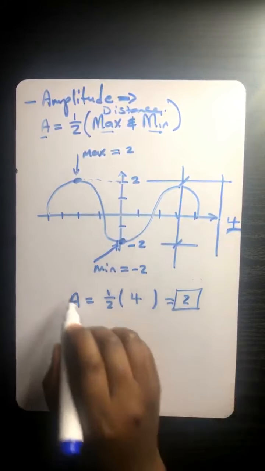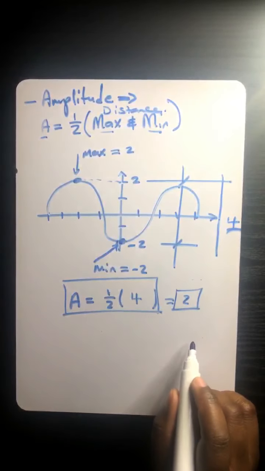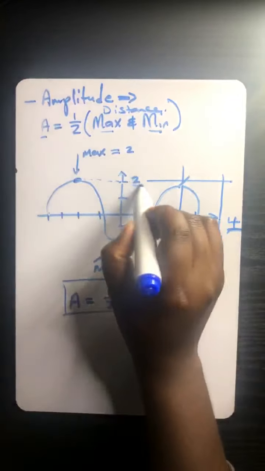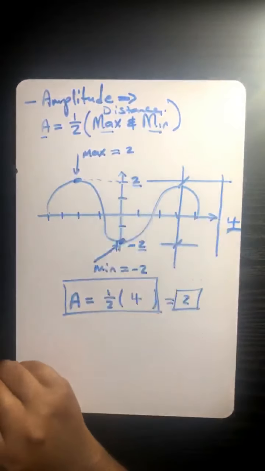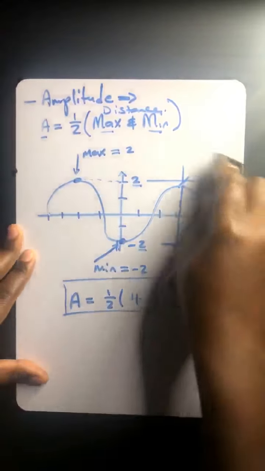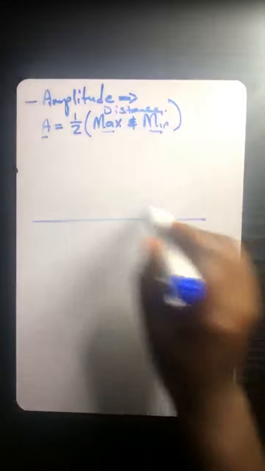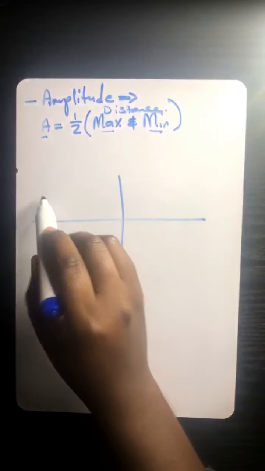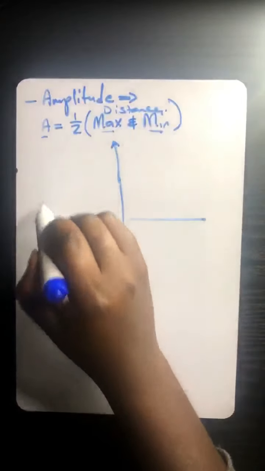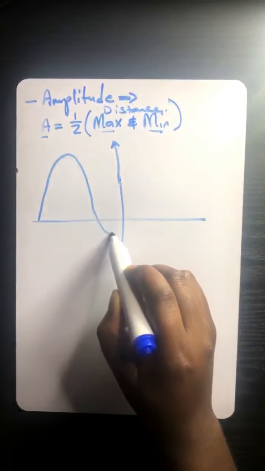So the reason why you need to understand this formula is because it's not always the case that your maximum will be the same or almost the same value as the minimum, but with opposite signs. Let me do a very quick example. Let's say your function does something similar to that.